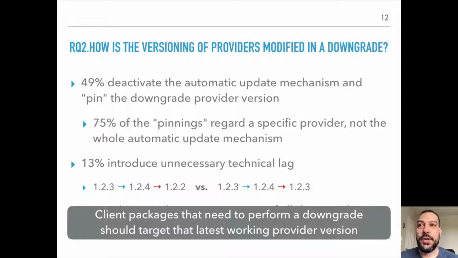Also, in 30% of the downgrades, the client packages end up rolling back the provider more than they should. For example, in our slides, we can see that instead of rolling back to 1.2.3, a client package can roll back to 1.2.2, even though this client package was previously using 1.2.3.